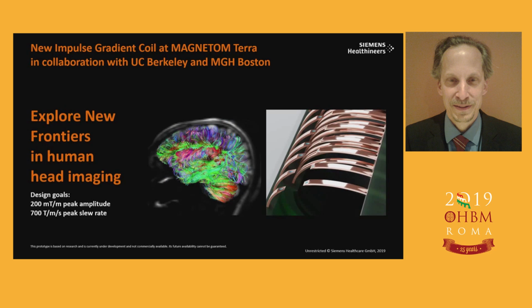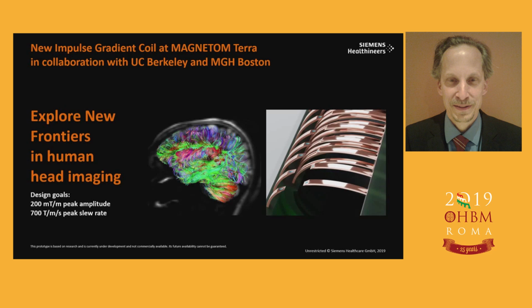And especially for this community here, which is more neuro research related, it's of course always interesting to study the white matter, so the connections, the connectivity of the brain. And for this, of course, you need strong gradients. And we constantly hear the wish for stronger and faster gradients.